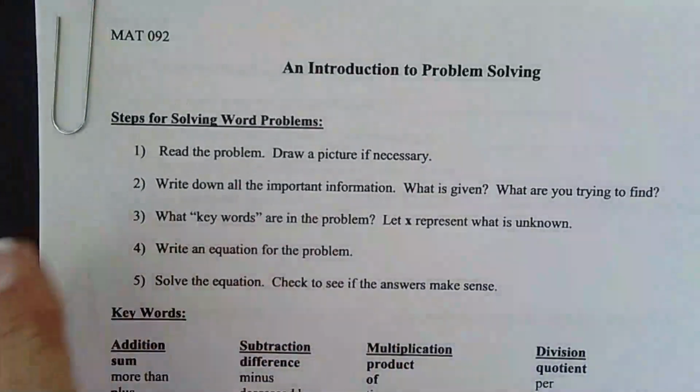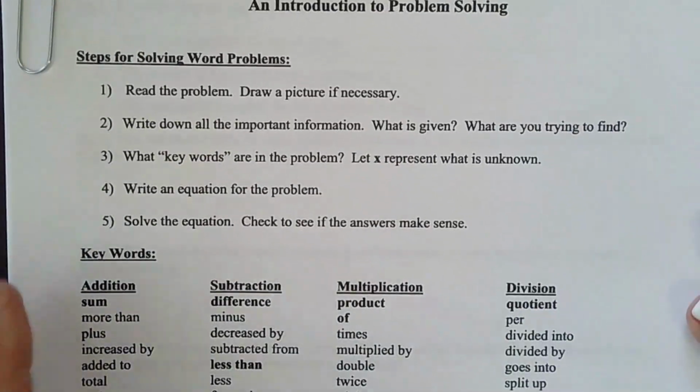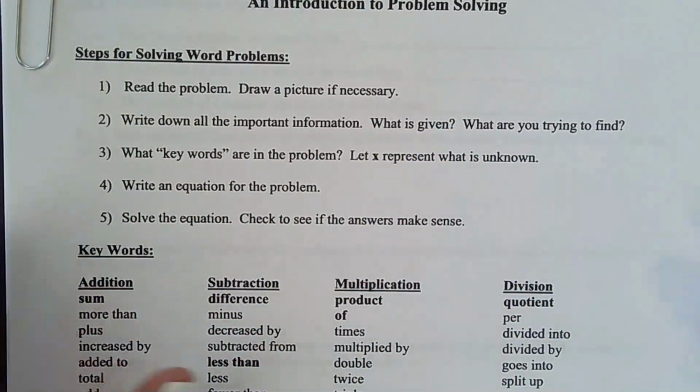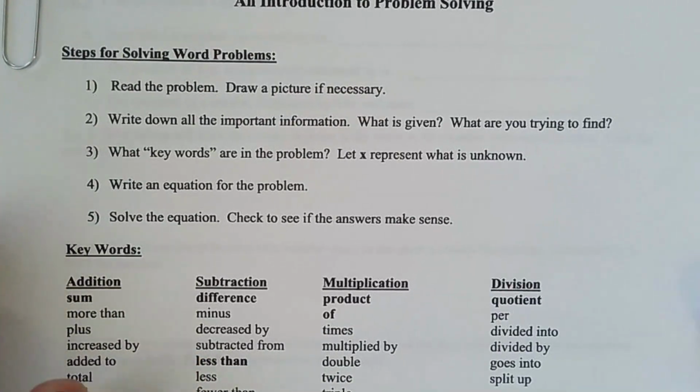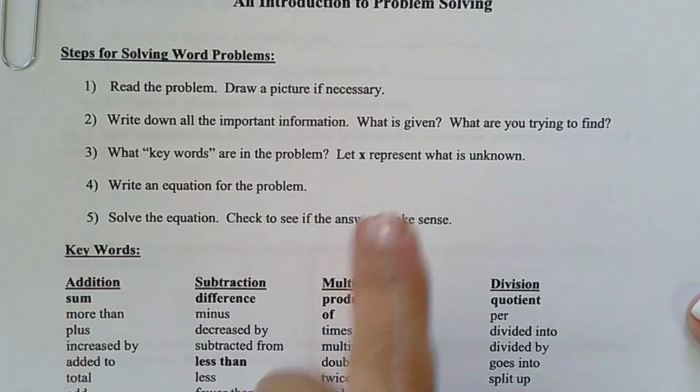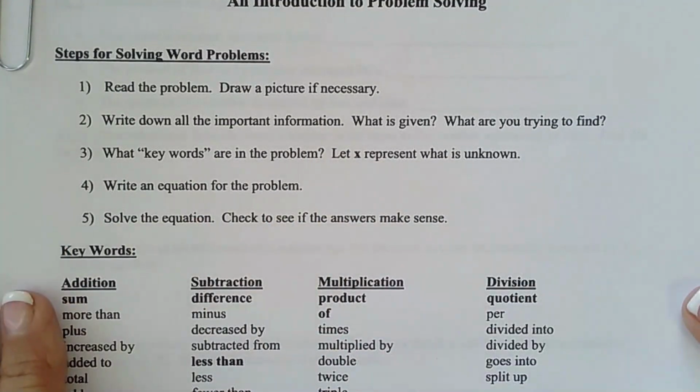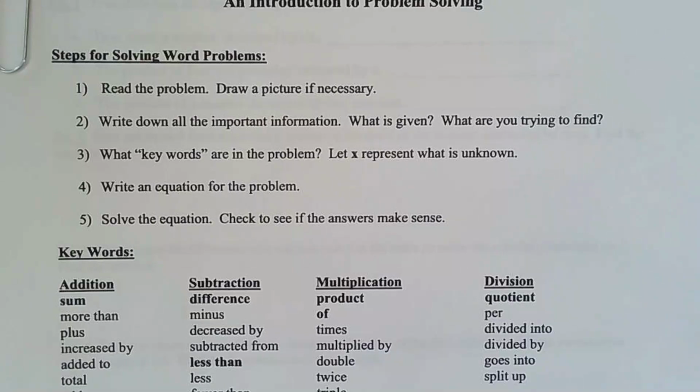So once you figure out what it is you're looking for, then you write your variable statement. And X is just generic. Remember, you don't need to use X. I just used it as an example. Use a letter that represents what it is you're finding, just like P for people.